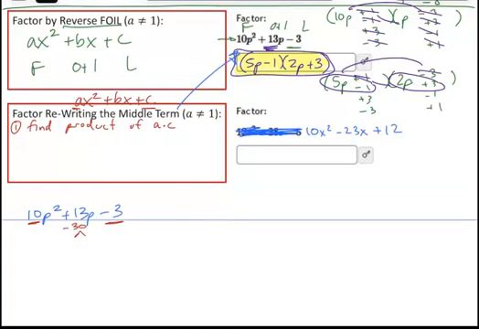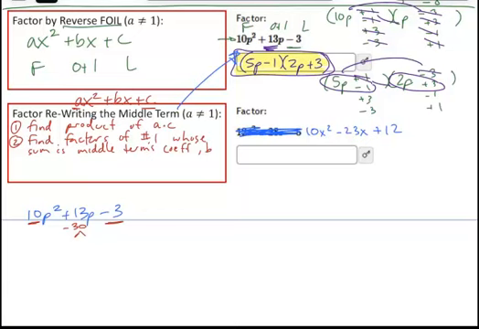I'm then going to test this to see, can I find factors of that product, step number 1, whose sum is the middle term's coefficient? And that middle term's coefficient is b. Okay, so are there 2 factors of negative 30 whose sum is this middle term, positive 13?